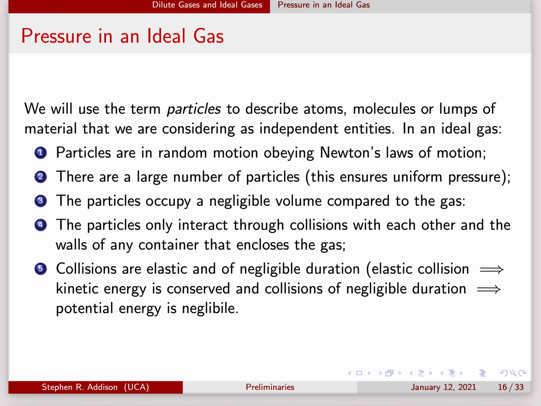I then talk about the idea of pressure in an ideal gas. I'm not going to go through this in any detail in words because everything you need to know is actually on the slides.